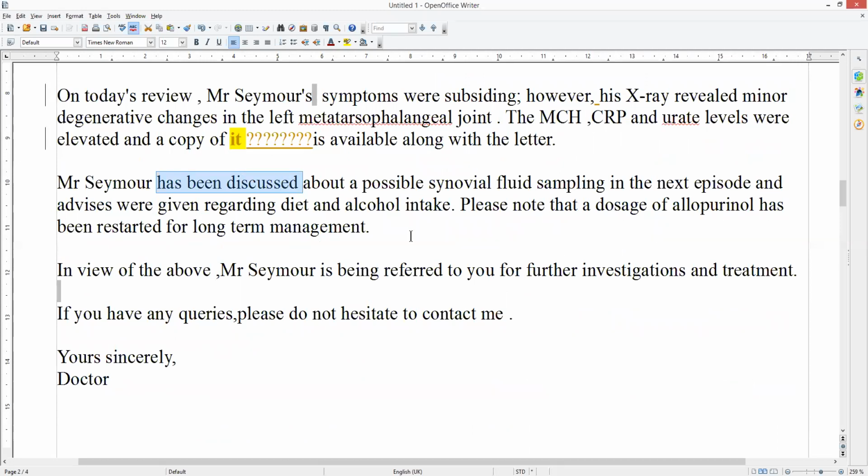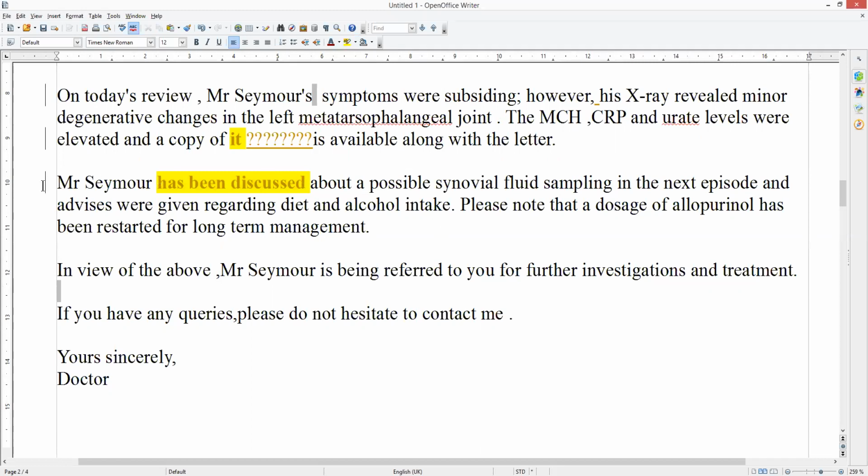So this implies that you discussed him with someone else. And that's not what you mean. You mean you had a discussion with Mr. Seymour. But how this is written, present perfect, in passive, it means he's been discussed by somebody else. And that's obviously not the case. So you had a discussion with him, but this doesn't say that. This says something else.